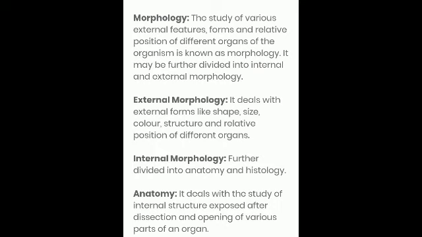Clear? So both external morphology and internal morphology we have to study. And anatomy is a branch of biology that deals with the study of internal structure which is exposed after dissection and opening of various parts.